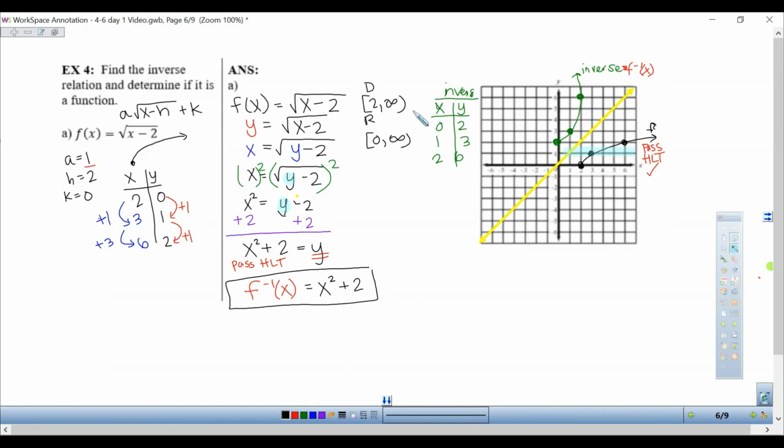And so when I switch x and y values, that switches the domain and range. So this one ends up with a domain of 0 to infinity. So we aren't going to have that as part of our answer. You might in a higher level math class, but that's why I have an x squared function. It doesn't quite look like a parabola.